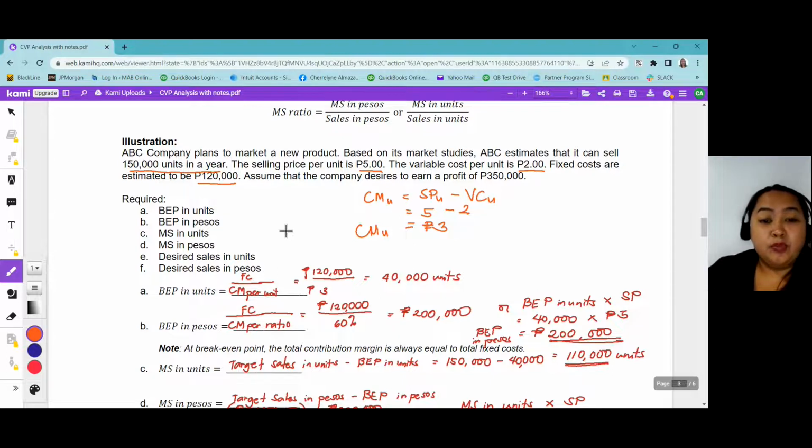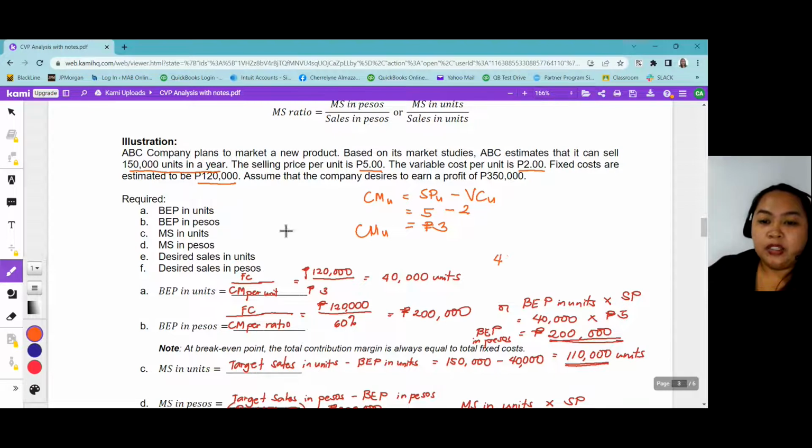Okay? Ito yung minimum na kailangan nating mabenta para hindi tayo malugi. Or, pwede rin namang ang interpretation nyo, ito yung kailangan nating ma-reach bago tayo magkaroon ng profit. So kung titignan ninyo, for instance, ito yung break-even point in units natin.